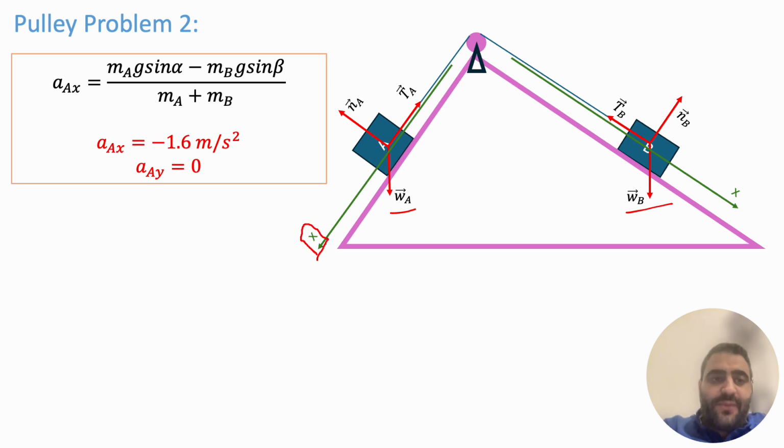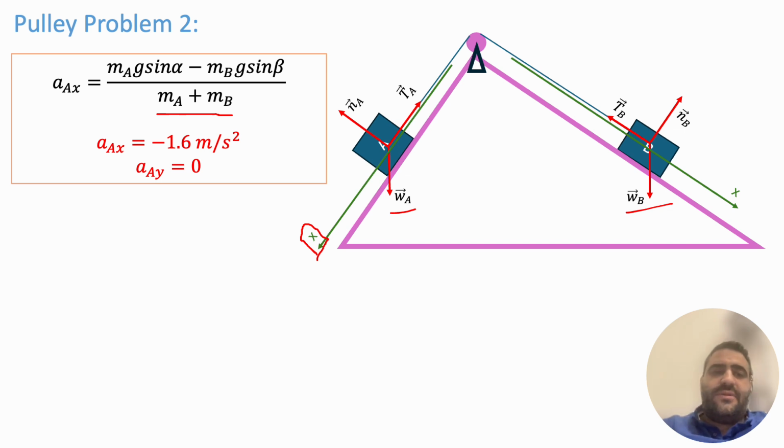That's why we have plus MAG sine alpha. And the component of B on the x-axis pulls B down, so it pulls A up, so it is minus MBG sine beta. Now those are the forces that are pulling, but we have to divide by the total inertia of the system. The only things that have inertia are MA and MB, so we have MA plus MB.